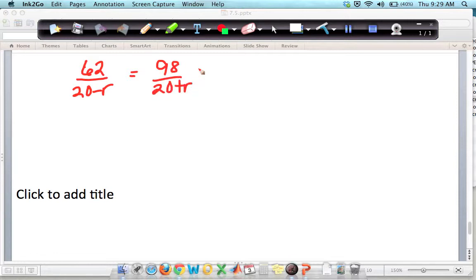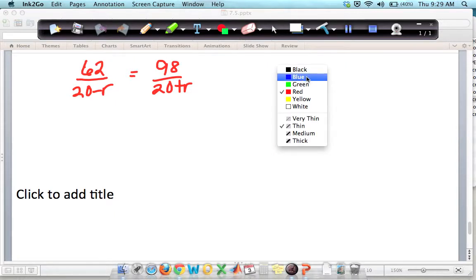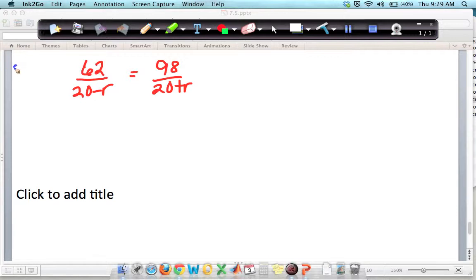Now to solve this rational equation, I'm going to multiply by the LCD over 1. We could also just cross multiply here, which would give us the same answer and work out exactly the same, and we're going to do that in the next lesson. But right now I'm going to multiply by the LCD over 1. And in this case, it's just both factors, 20 minus r and 20 plus r.